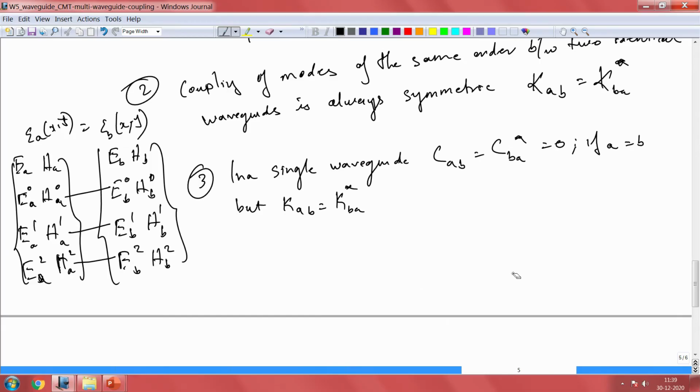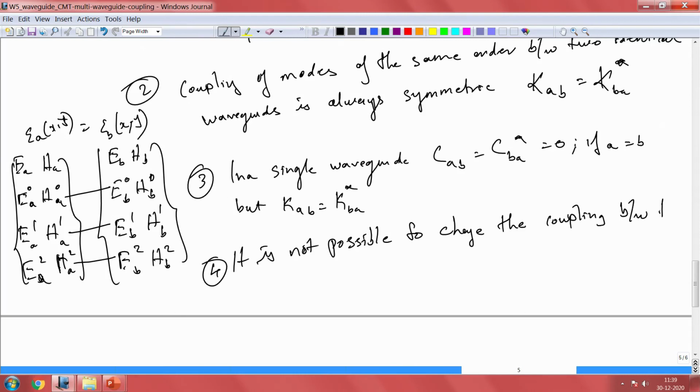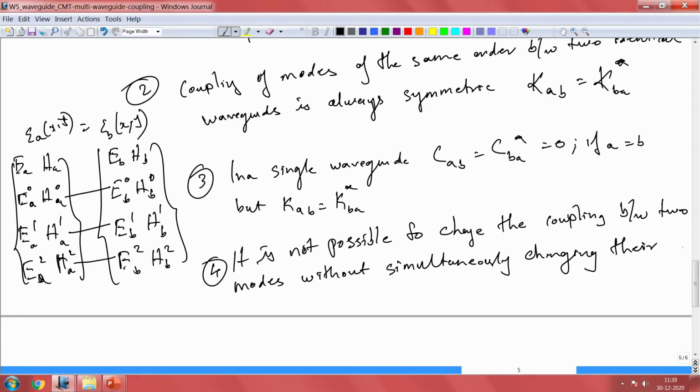And the other thing is, it is not possible to change the coupling between two modes without simultaneously changing their overlap coefficient, that is C, or their propagation constant.